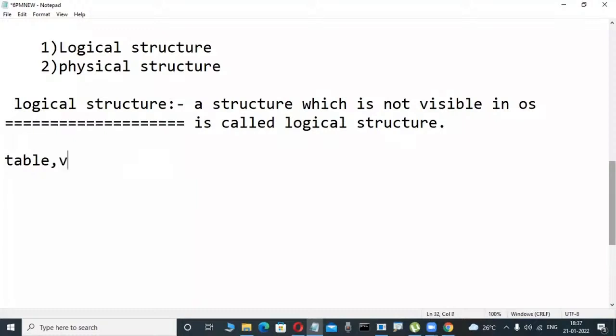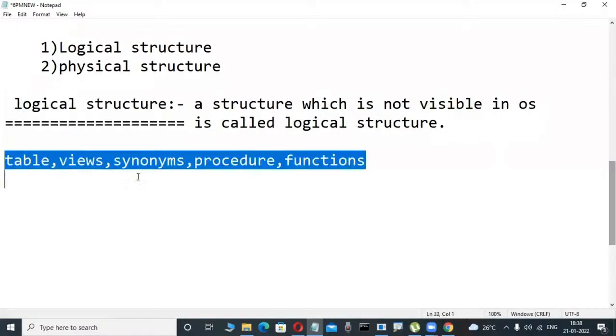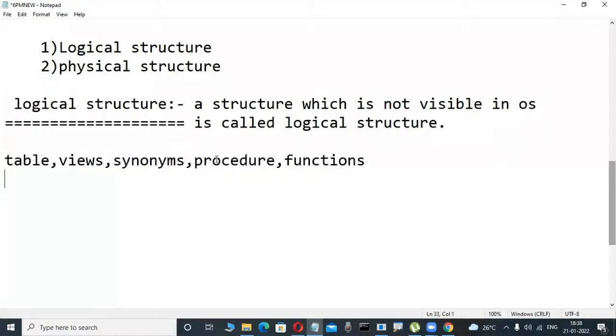Views are there, synonyms are there, indexes are there. These are all database objects. Procedures, functions, triggers, packages are there. So many things, all of which are part of the logical structure and not visible in the operating system.